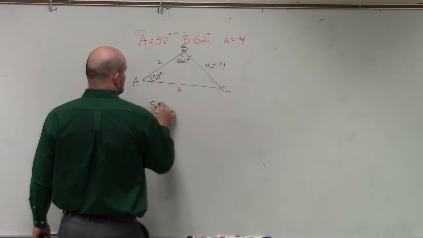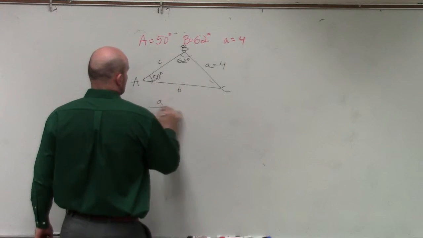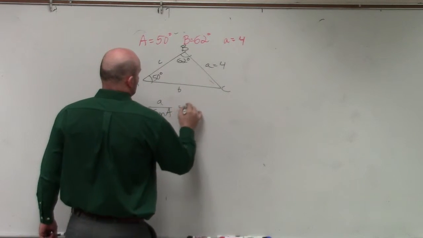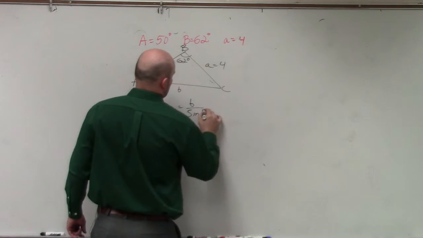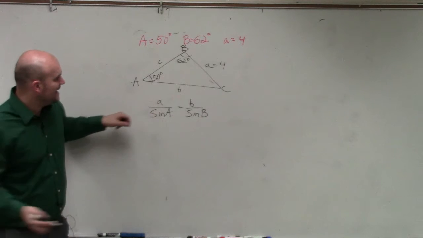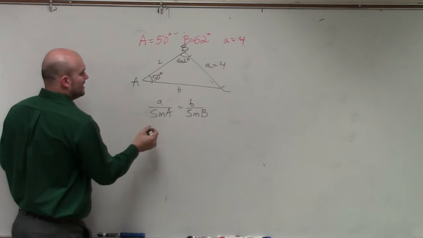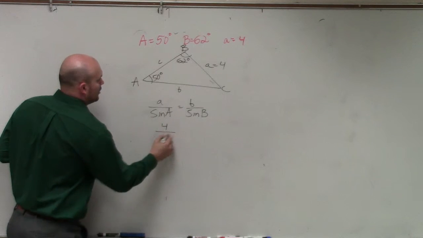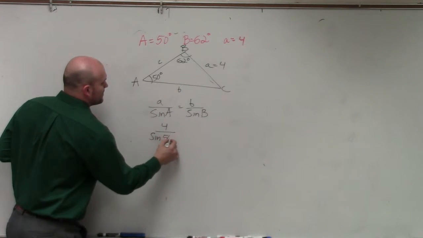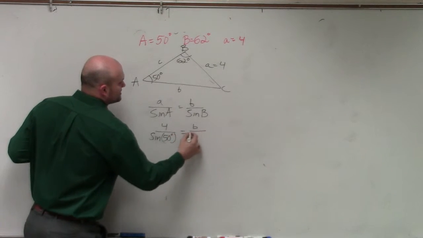So I'm going to use a over sine of A equals b over sine of B. Now I'll enter the information I know: a over sine of A is 4 over the sine of 50 degrees, equal to b over the sine of 62.